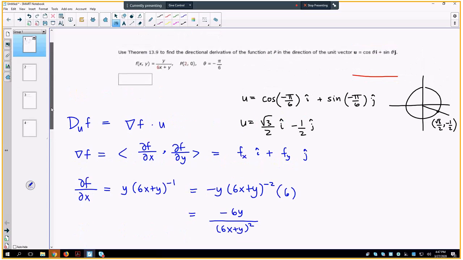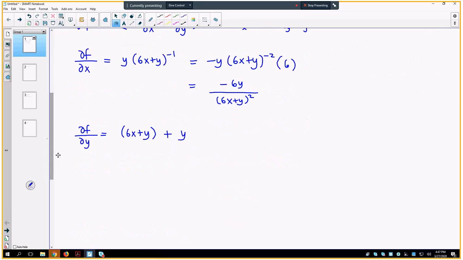So the bottom times the derivative of the top, minus the top times the derivative of the bottom, all over the bottom squared. And that gives us 6x over 6x plus y whole squared.